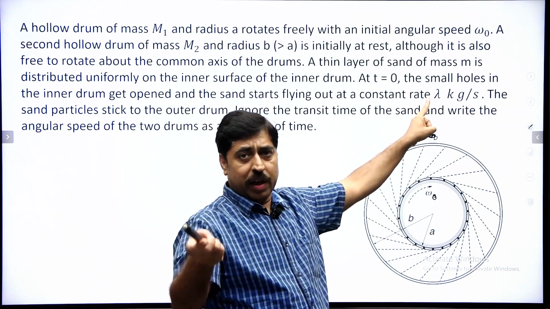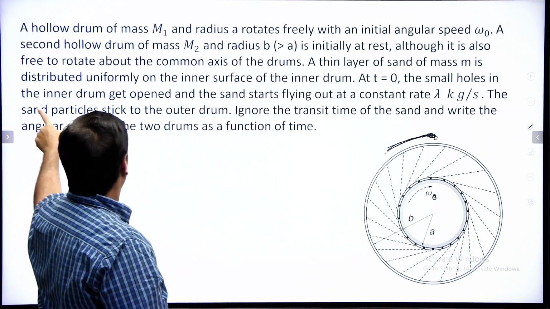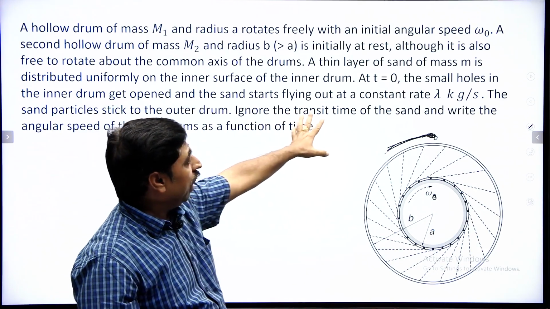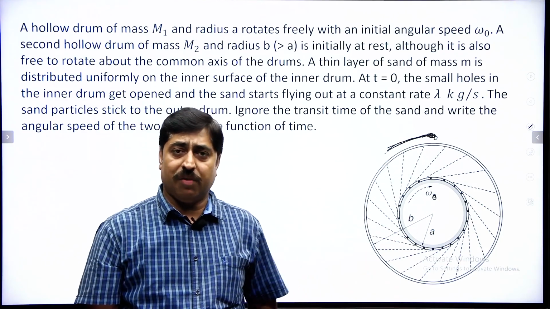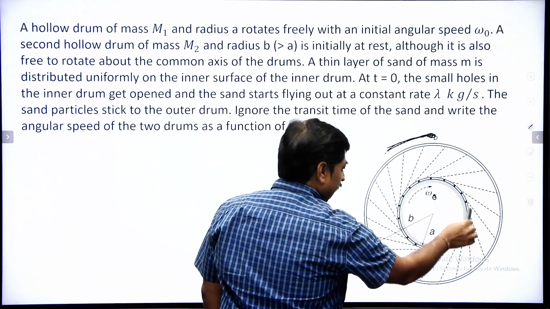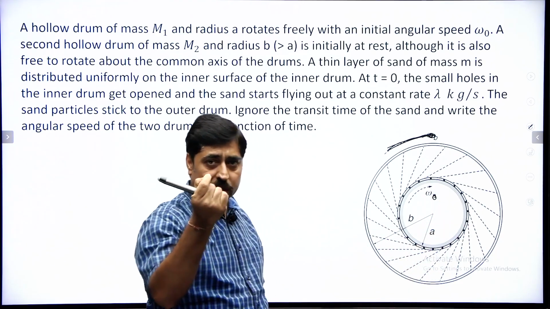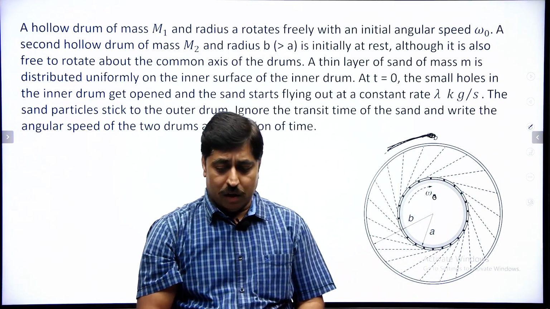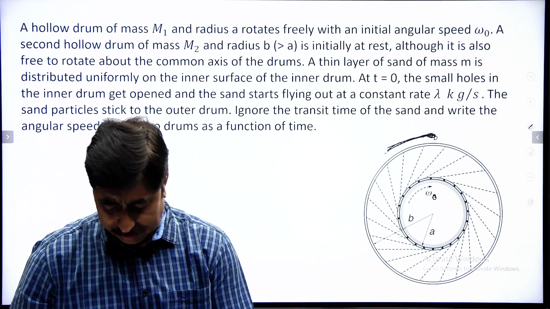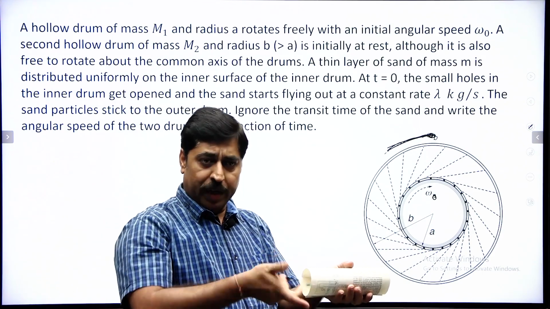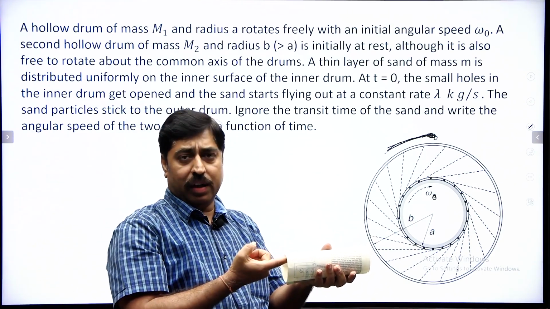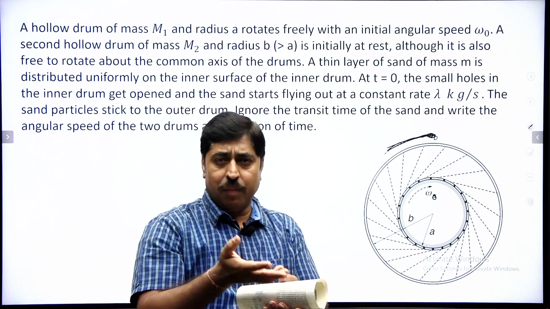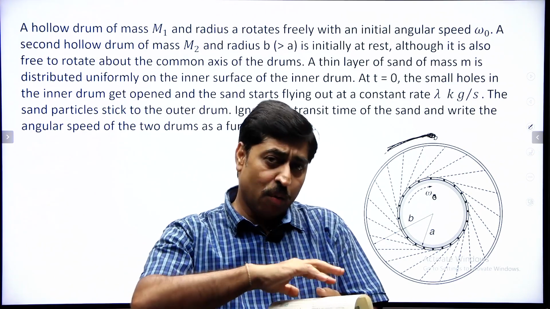At time t equal to 0, the small holes in the inner drum get opened and the sand starts flying out at a constant rate of lambda kg per second. This drum has many narrow pores, tiny holes on its surface, and at time t equal to 0 all those pores get opened up.